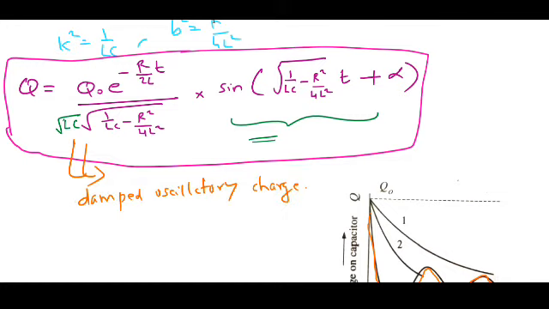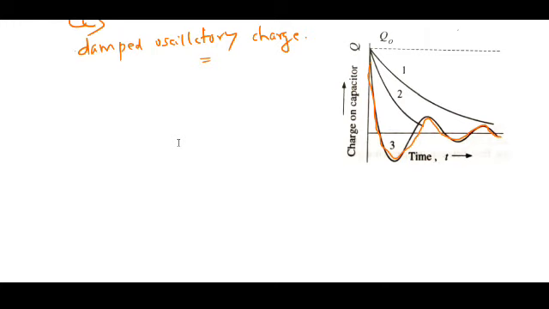That is, the discharge of the capacitor through an inductance is oscillatory. Fine. That is, if b square is less than k square, this is the case. Discharge is oscillatory in nature. Now what is the frequency of this oscillation?